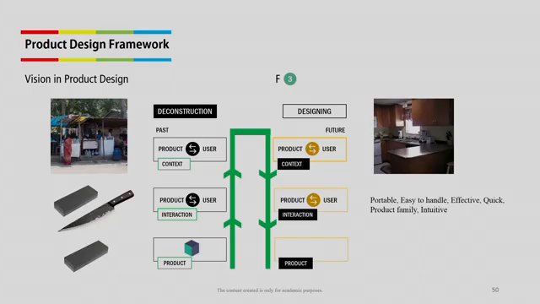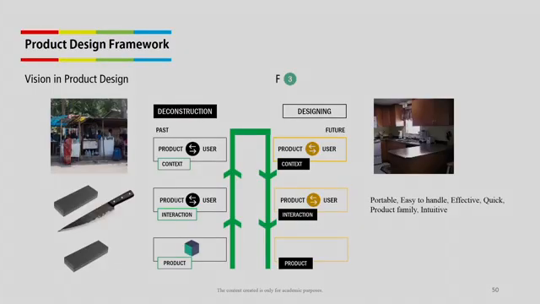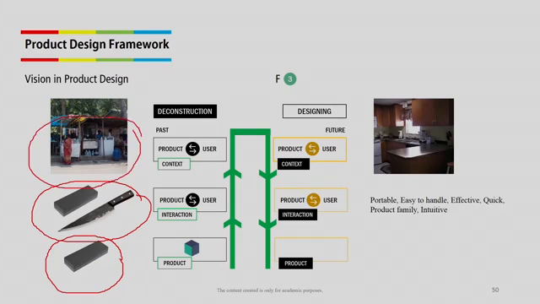Now, we will be discussing product design frameworks. One of the interesting and very famous product design frameworks is Vision in Product Design. There are two phases in this, one is deconstruction and another is designing. In the deconstruction phase, we have to see what is the current condition of the product, how the product is being used by the user, basically the interaction between product and user, and third is the context in which that particular product is used.